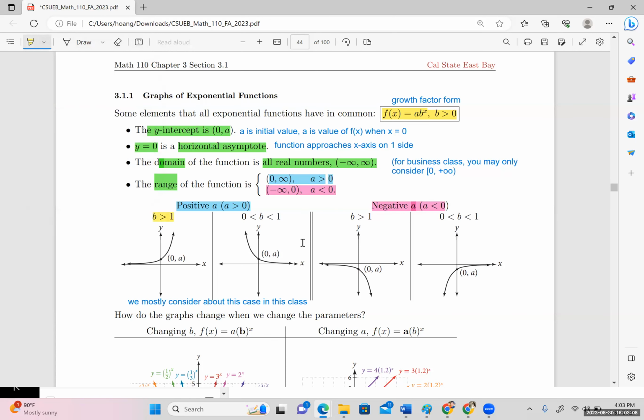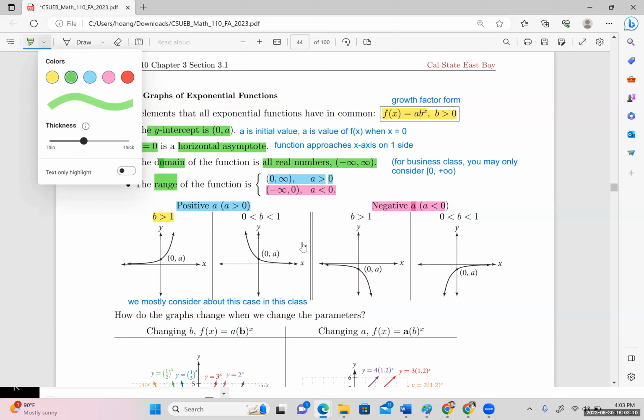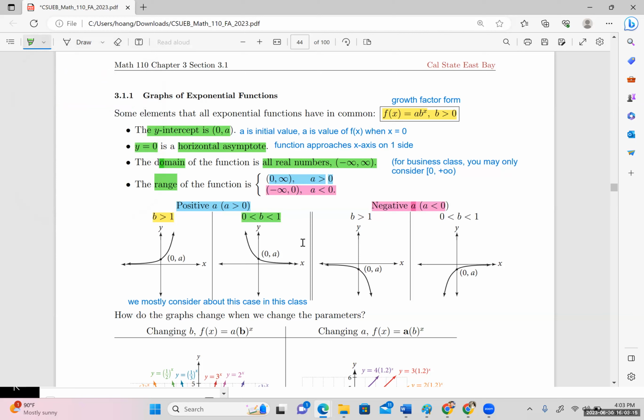The first small case is when you have b greater than 1, and the second case is when b is between 0 and 1. And as I told you before, when b is greater than 1, you will have an increasing growth, or a growth exponential graph.